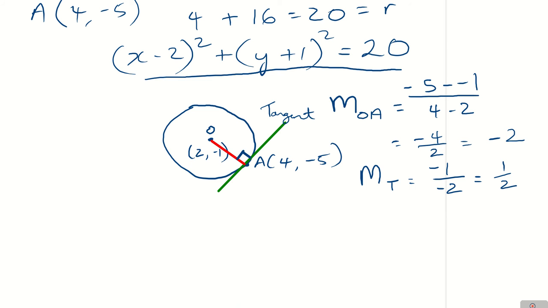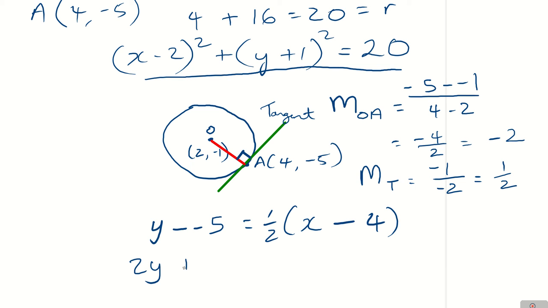the equation of the straight line, which is the tangent, because it's going to be y minus the y coordinate at A, which is minus 5, equals the gradient times x minus the x value of the coordinate A. And what we can do then, if we times the left hand side through by 2, we get 2y plus 10 equals, and then I expand out the bracket, which I don't really need to because it's just multiplied by 1.